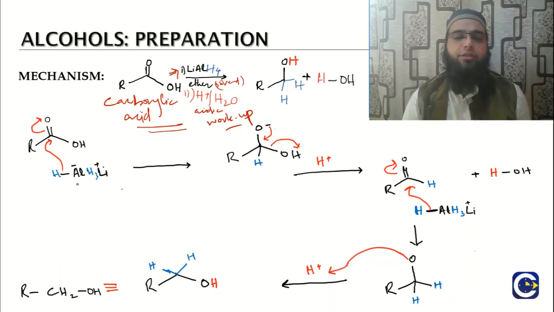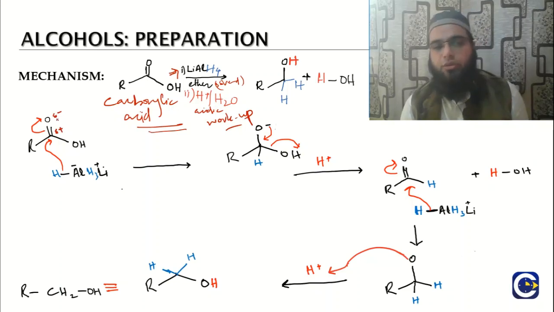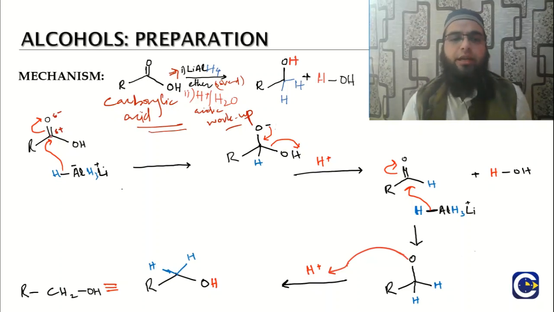Now looking at the mechanism, in the first step of the reaction, the reducing agent gives the hydride, and hydride is the nucleophile. The first reaction is the nucleophilic attack of hydride on the electrophilic carbonyl carbon. Because there is a small positive charge on the carbon and a small negative charge on the oxygen, the hydride is going to attack the electrophilic carbonyl group.